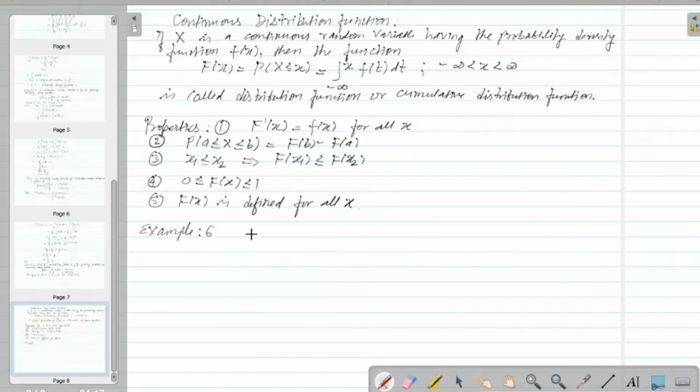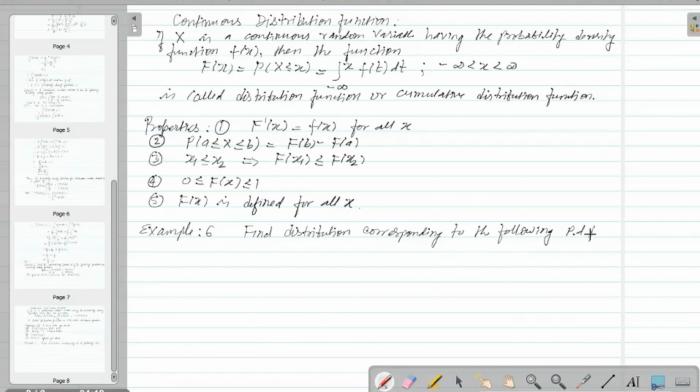Find the distribution function corresponding to the following probability density function, that is, the PDF.